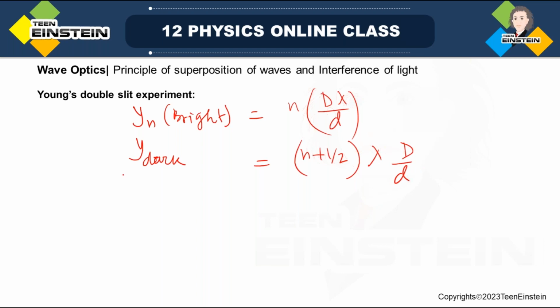Now if you want to find out the fringe width for the dark or bright one, first the dark fringe, we have to take the difference between two successive bright fringes. The region will be there, right?